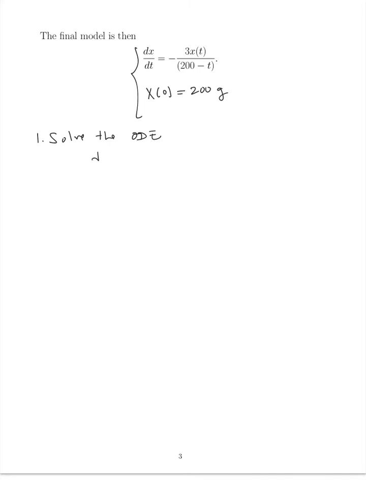And we can do that by rewriting this as 1 over x, moving x to the other side, and then we're left with minus 3 over 200 minus t.